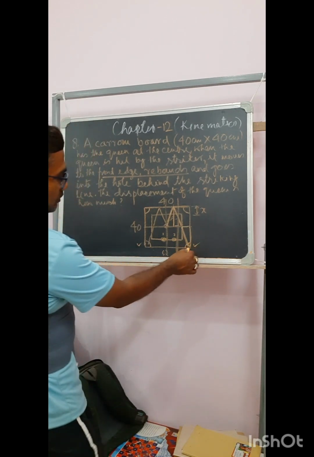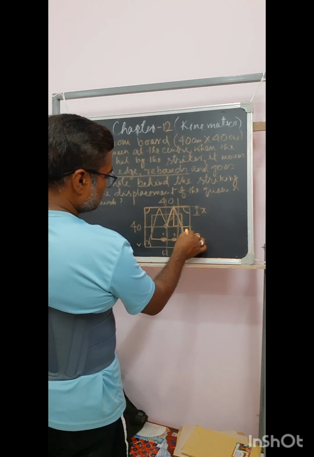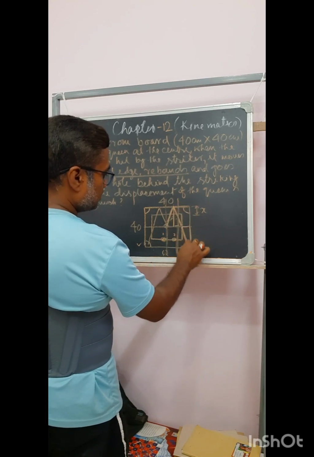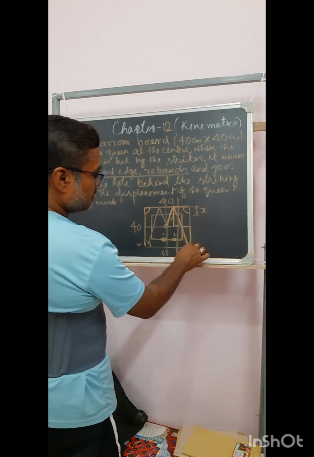Otherwise it won't come to this pocket, because this is the angle by which it bounces, and then only it drops.